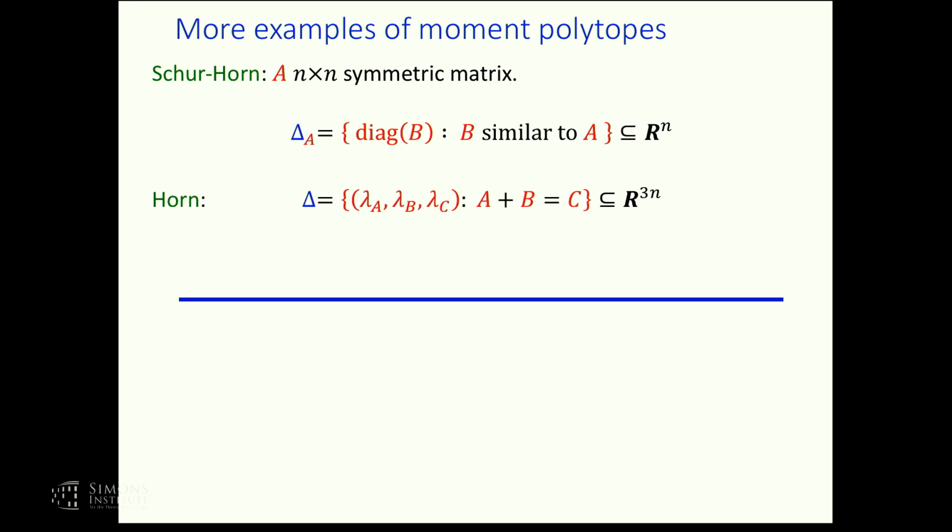Then there is the set of spectra of three Hermitian matrices, with A plus B equals C. Turns out this set of spectra is a convex polytope. And here's another, which I will not define. In all these cases, there are group actions, and what you get out is convex polytopes, and it's not clear at all why. Well, by now it will be clear why: there are group actions.